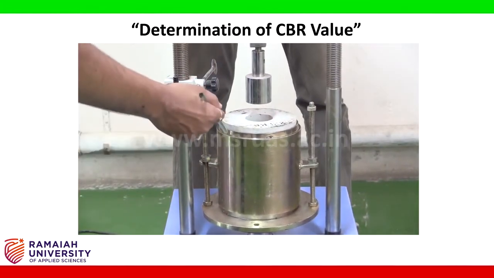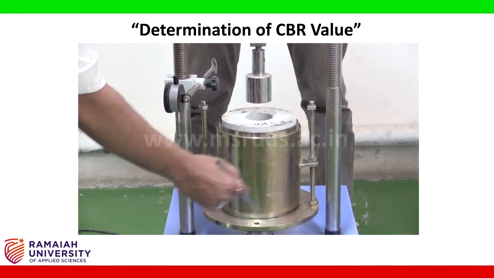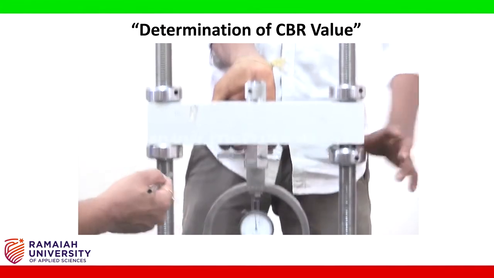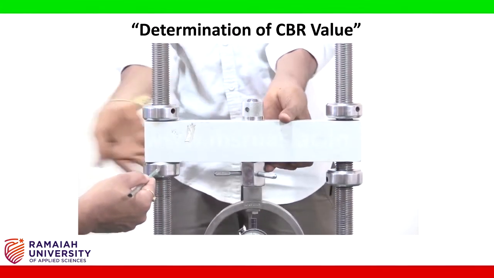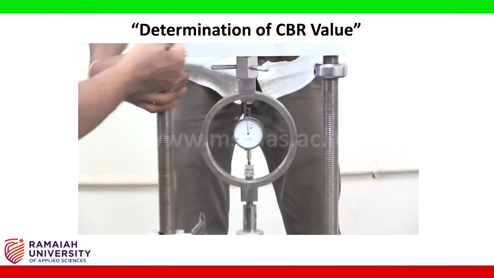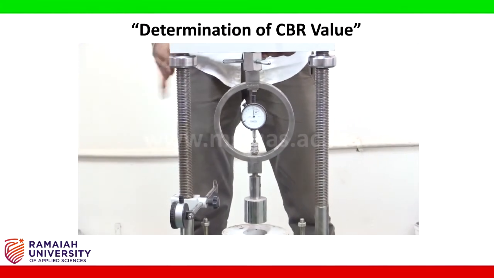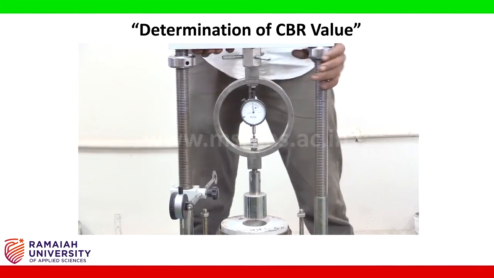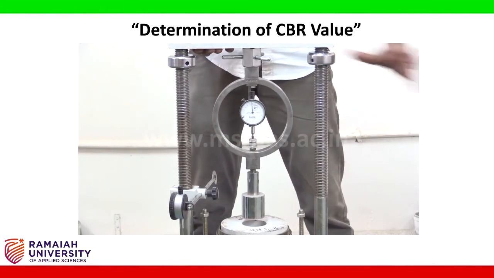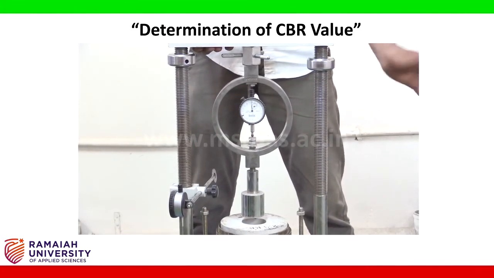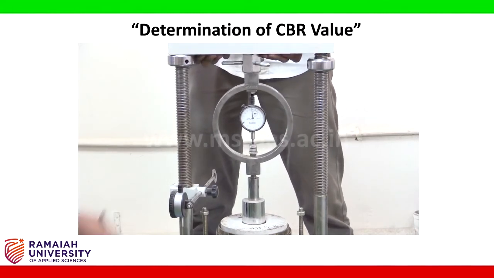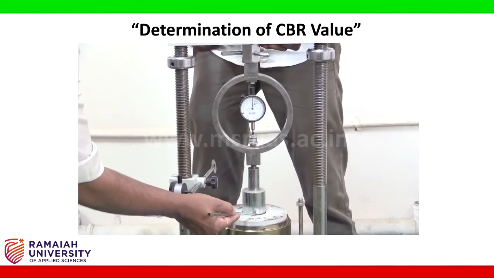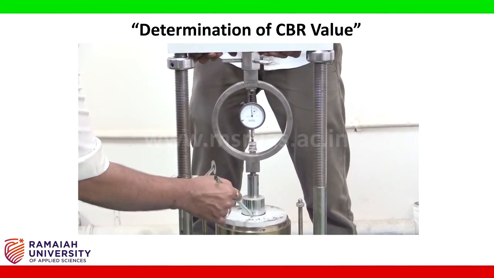Once the specimen is placed firmly on the base of this apparatus, it is time to adjust the screws such that the position of the reaction frame can be adjusted as per requirement. Loosen the screws to ensure proper seating of this 50 mm plunger on the specimen.